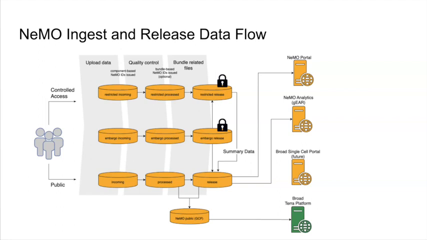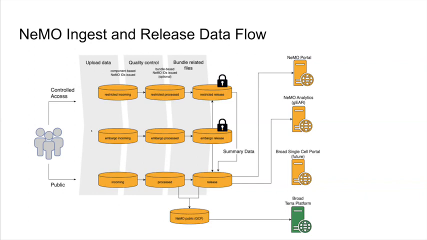That way, people can refer to our files using that identifier, and people can retrieve it using that identifier. Then we process the data, and then we send it to the restricted release for restricted data. Within restricted release, there could be some summary data that's considered for public release, and that's moved into our public release area, and people can access that information from our tools.